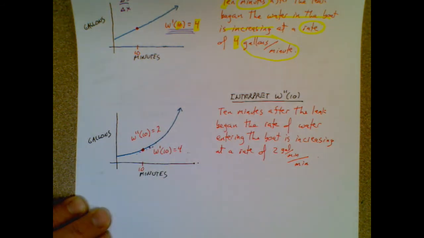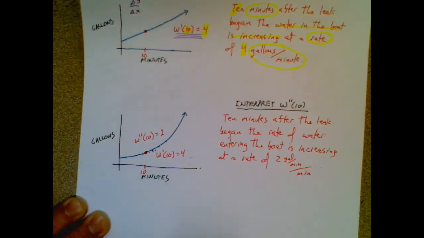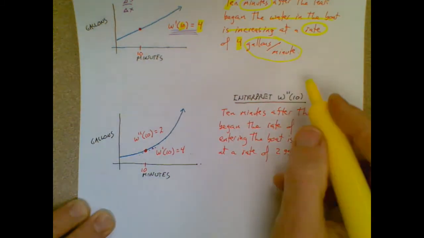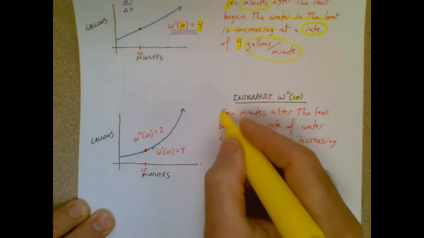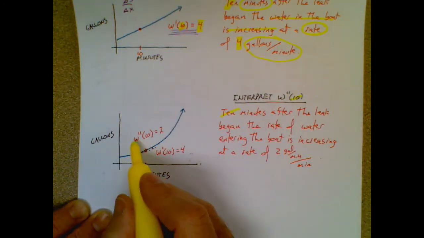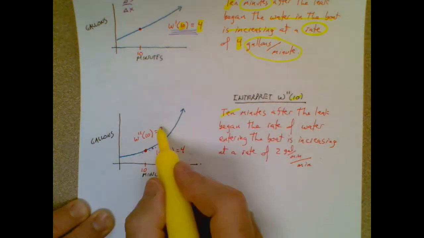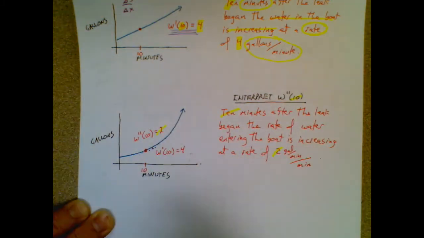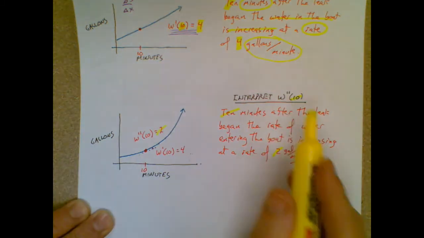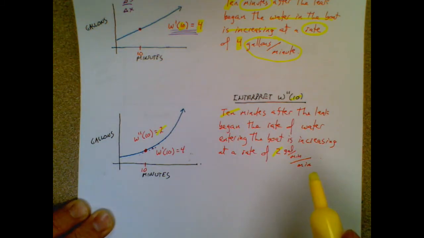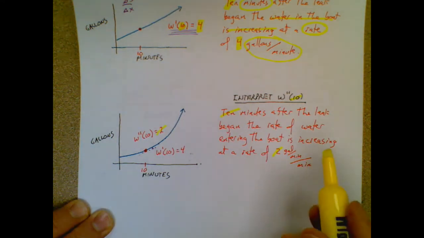So when I write my answer, interpreting w double prime of 10, well, I have to interpret 10, there it is, w double prime of 10, and the 2 is going to show up there. And now I'm talking about the second derivative, which is the rate of change of the rate of change.